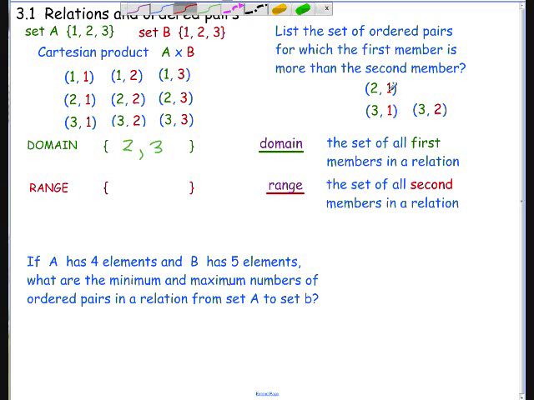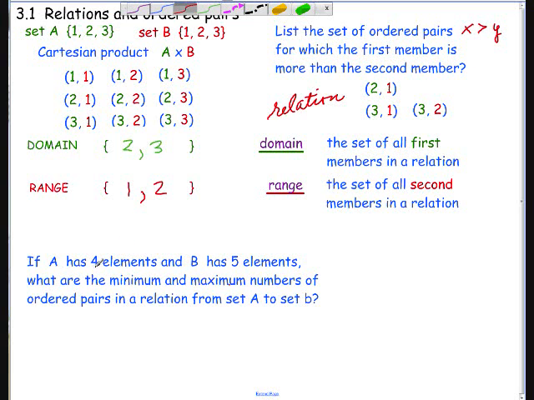And for my range, that's the second element, it's 1, 2. So that's the relation that I have here. And the relation that we defined was that the first had to be greater than the second.